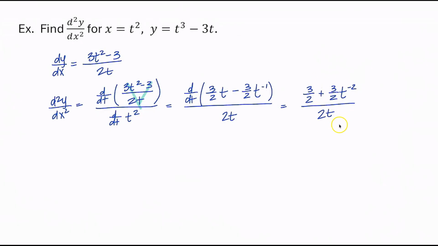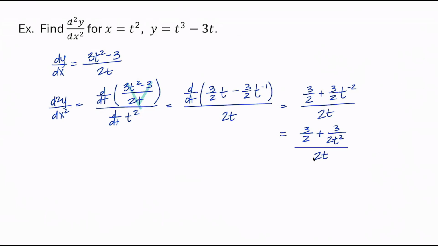and then over 2t. So here is my second derivative, but we can do a little bit of simplifying, some different ways that we can do it here. I'm going to think about this as 3/2 plus 3 over 2t squared, and then all over 2t. To clear my fractions, I can look at the least common denominator. So I can multiply the numerator and denominator by 2t squared.